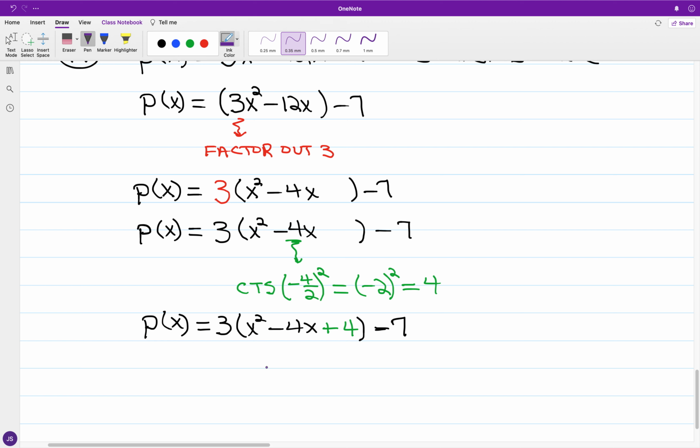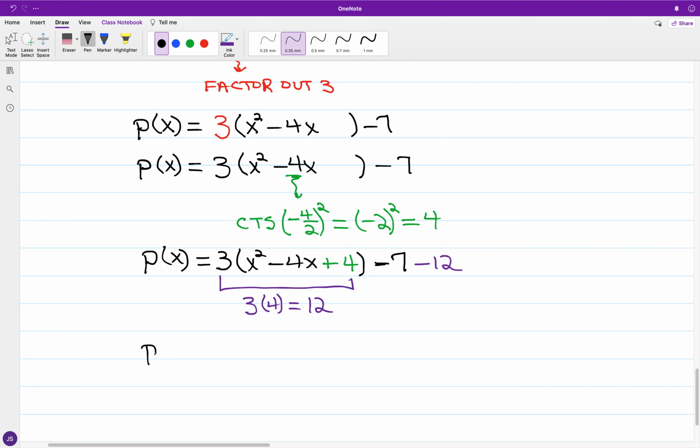So overall, I'm adding the value of 12. I'm creating a surplus of 12 units, and to undo the surplus, I'm going to take away 12 at the back.